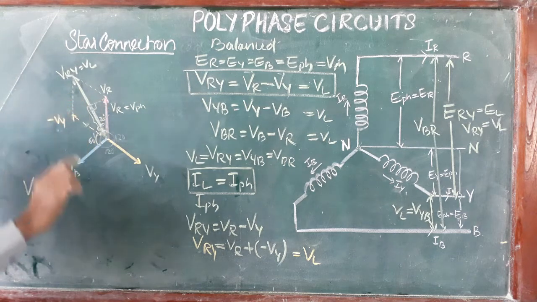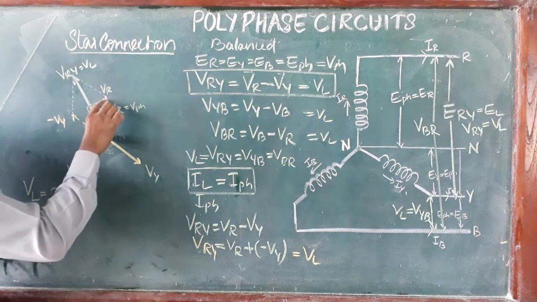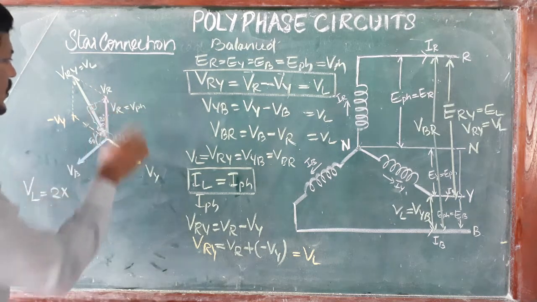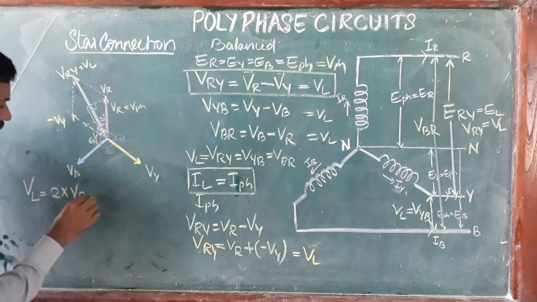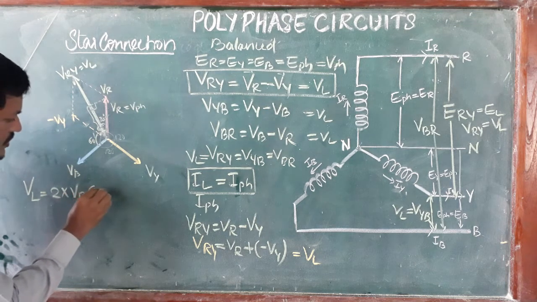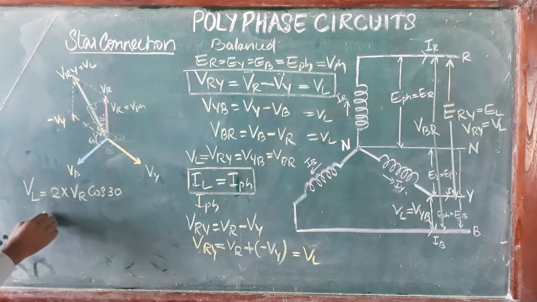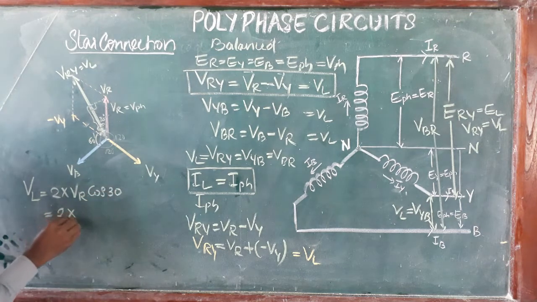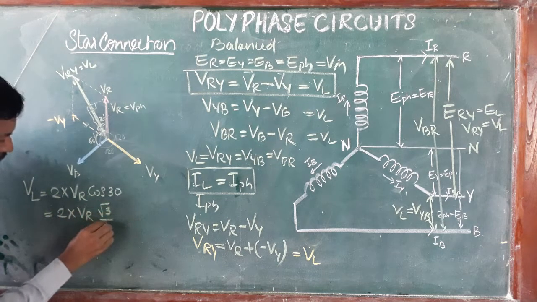Adjacent side means cos component side. 2 into, so this is the hypotenuse, VR or V phase into cos 30. Clear?